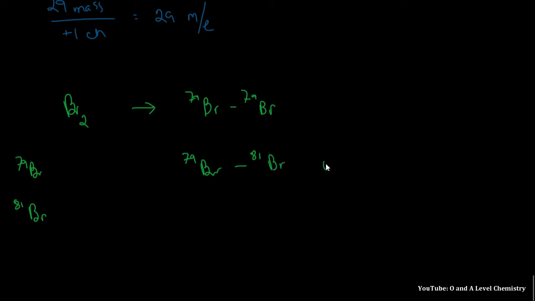Or you could also have the first one as 81Br and the next one as 79Br. So these are the three ways you can form it. And the last one is you can have both 81Br isotopes.